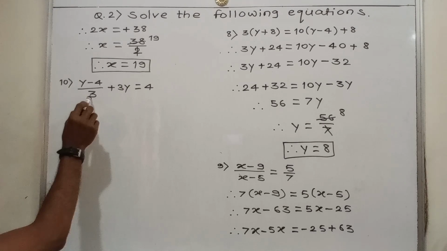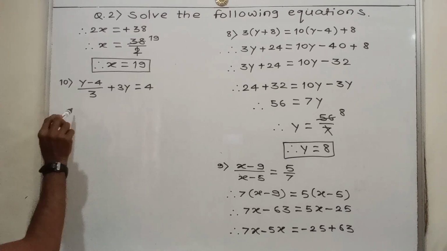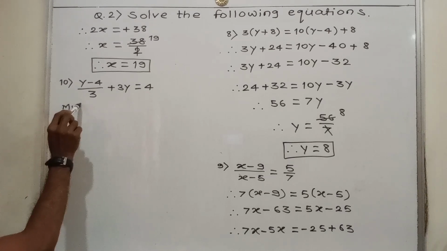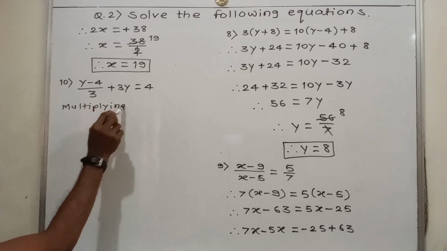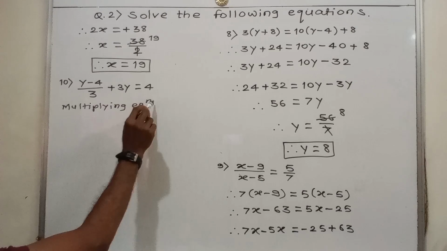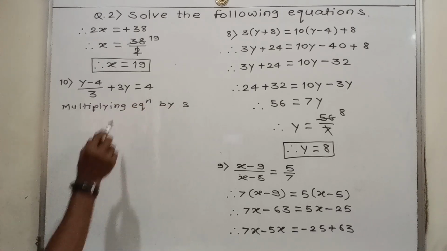Now see this. We eliminate this denominator 3. We eliminate denominator 3. So multiplying the equation by 3 means multiplying both sides.